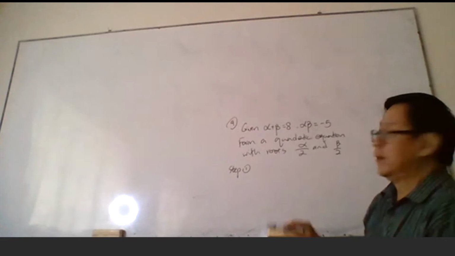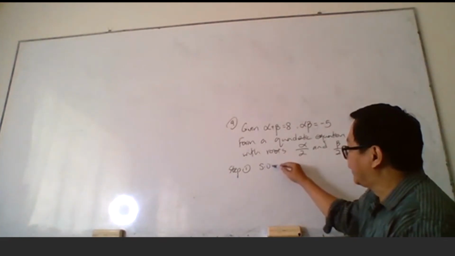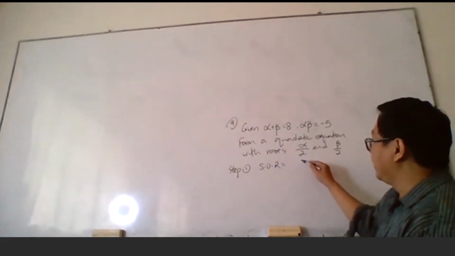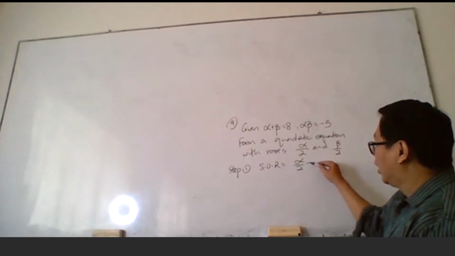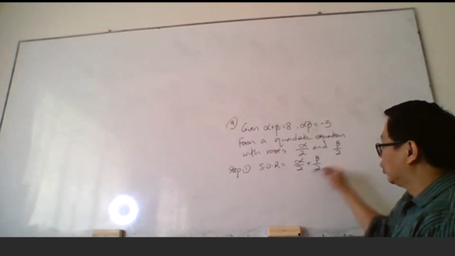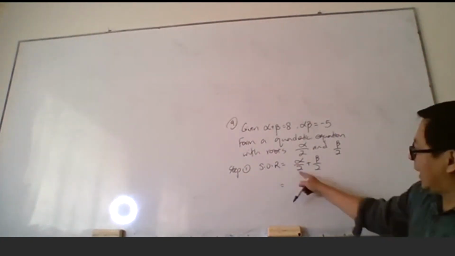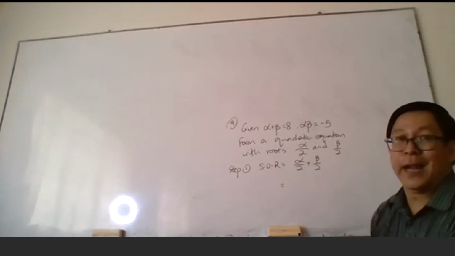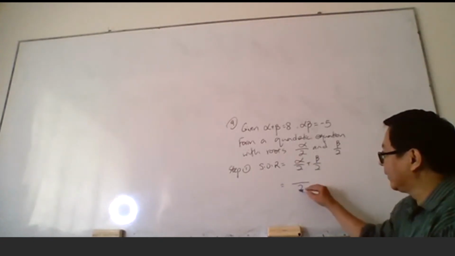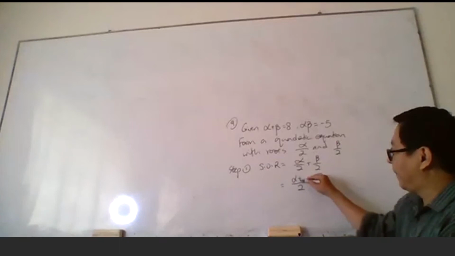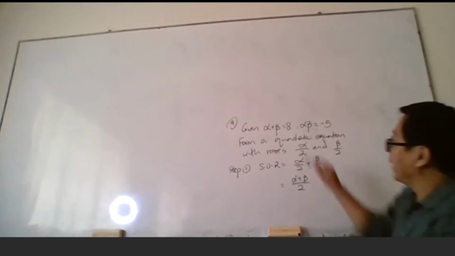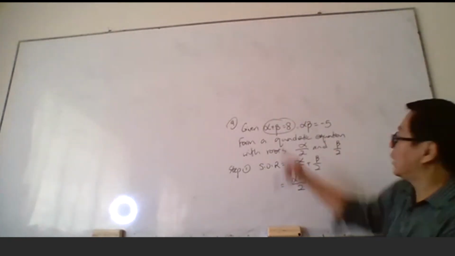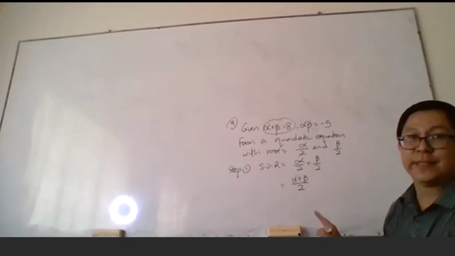So I'm going to find the sum of the roots, using alpha over 2 plus beta over 2. You see that they have the same denominator, so I can just write it one time. So alpha plus beta, and the number from the top is going to replace here.